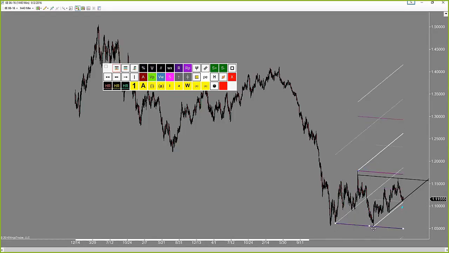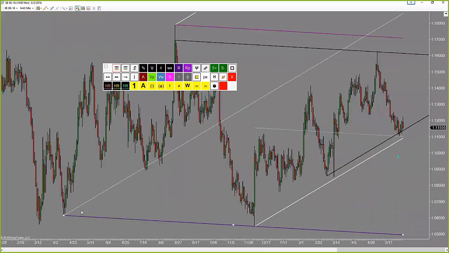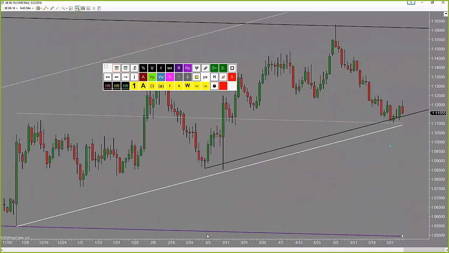So does anybody know how you find the end of a fourth wave? What kind of channel would you draw to find the end of this fourth wave?